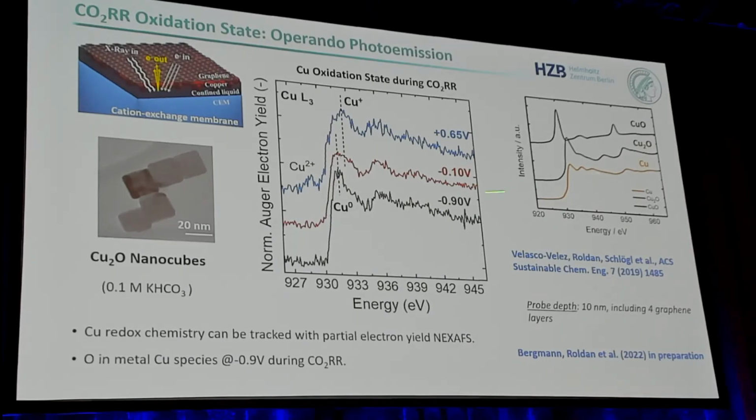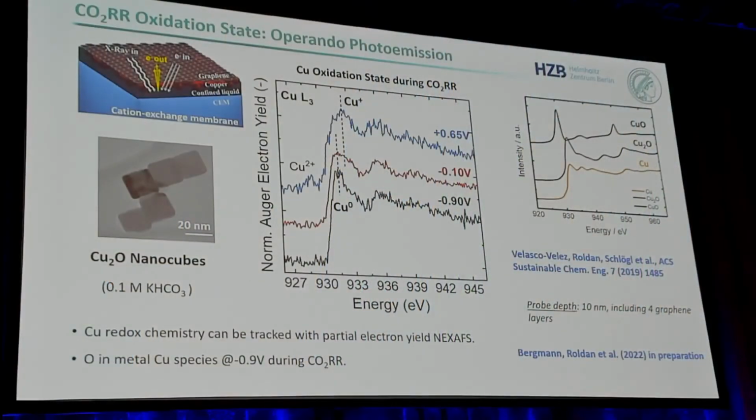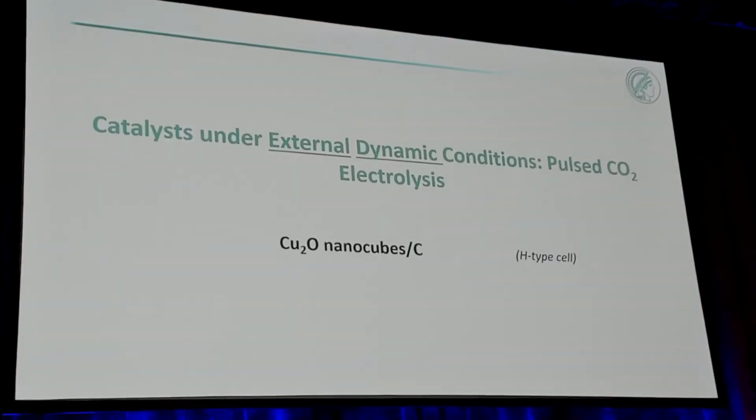Anybody can see by eye that this doesn't look like metallic copper. And so what we believe we have here is some oxygen left over in the copper. And this mix of metallic copper sites and some oxygen in these structures is actually favorable for the hydrocarbon production, in particular ethanol. I will elaborate a little bit more on that in the next part.